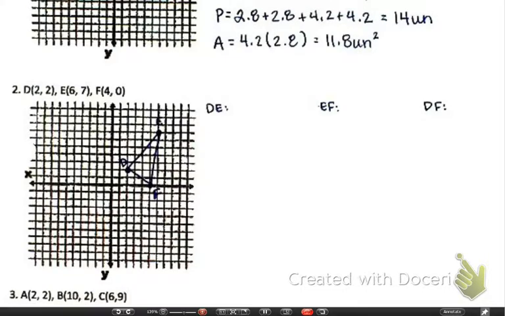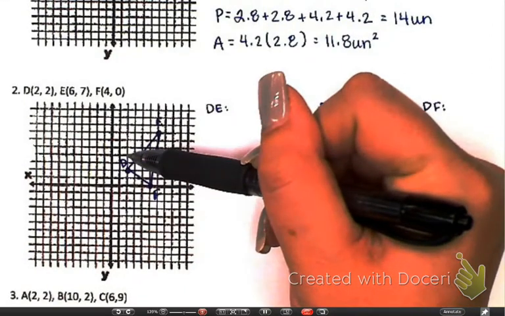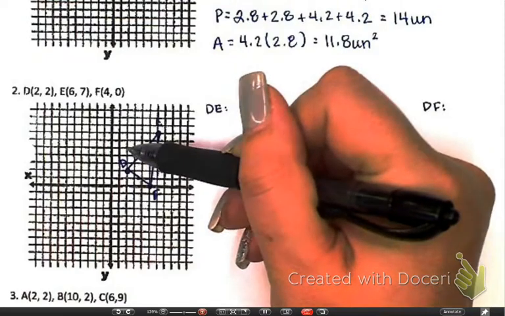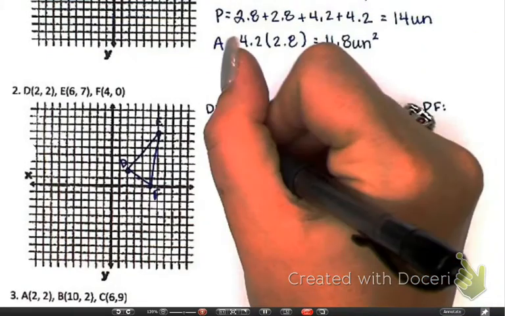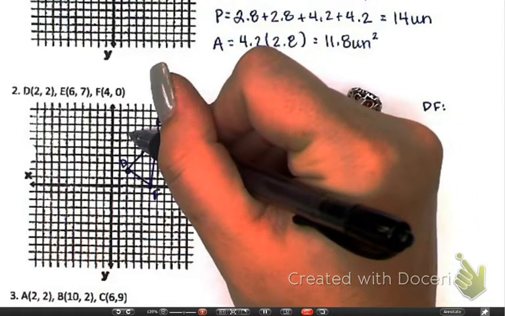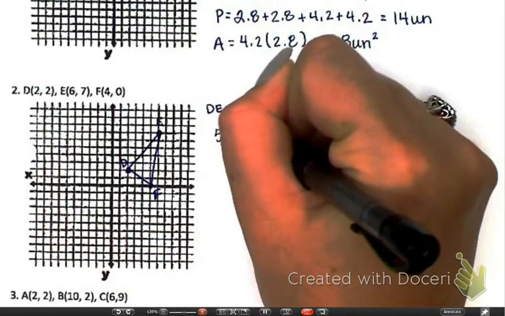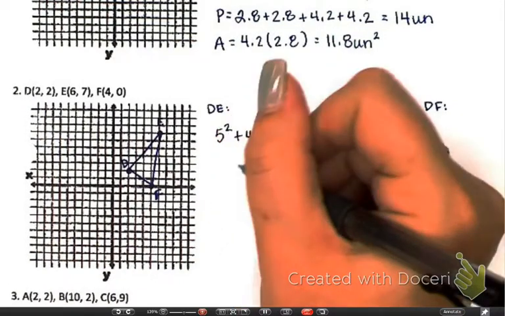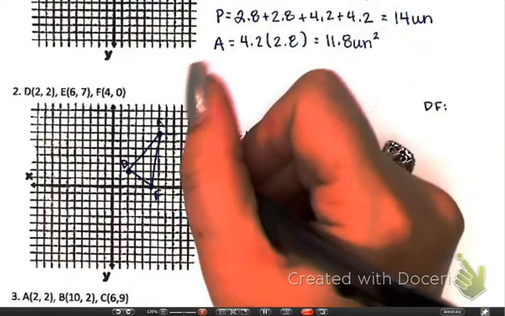DE. I'm assuming you all still went with Pythagorean theorem? Okay. How many units did you go up for DE? 5. And over? 4? So 5 squared plus 4 squared? All right, everybody? Just Sophie did it.